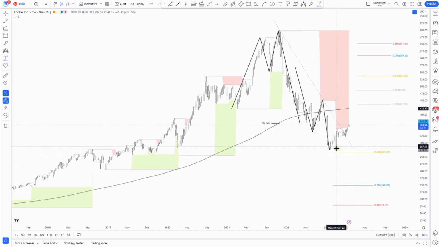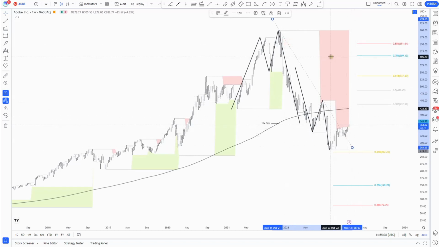That being said, what is calling my attention is not in particular the breakout of this structure, because the market can fail and start to trade even lower. So the breakout of this trend line may trigger a lot of traders to push their trades to the upside.